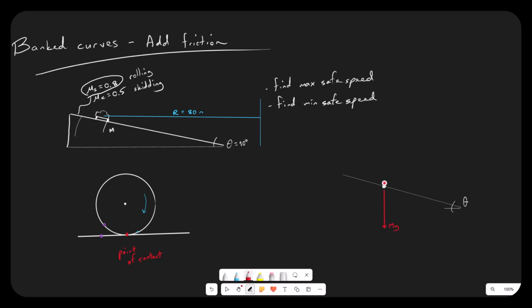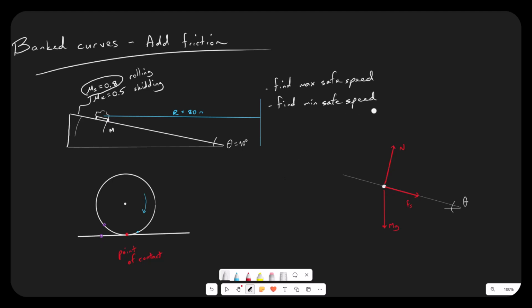Alright, I've got this mg force that points downward. I've got a normal force that points perpendicular to my ramp. And then I've got friction. So I will have two different situations. If I am going to find the maximum safe speed, if I'm going too fast, I'm going to be pushed upward, kind of out of the ramp, in which case my frictional force is going to have to point down this way to keep me from sliding to the outside of the ramp.